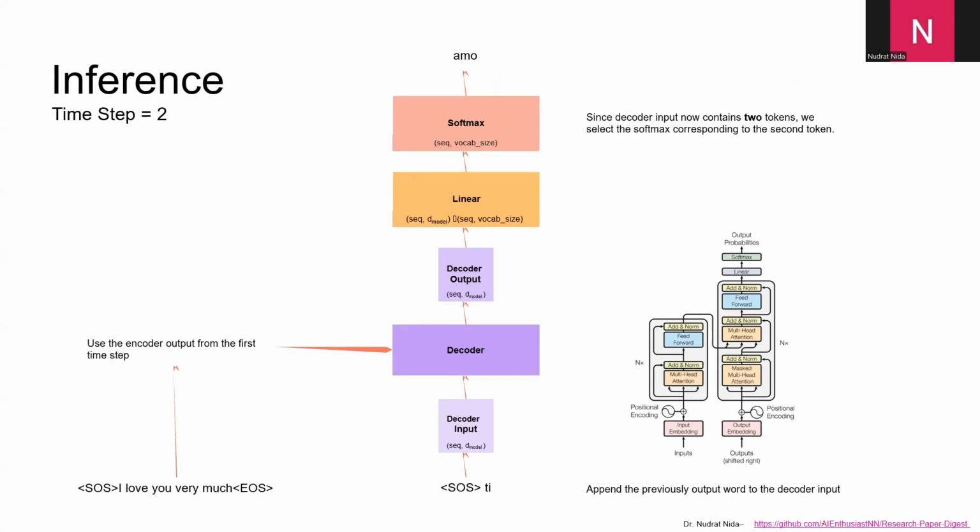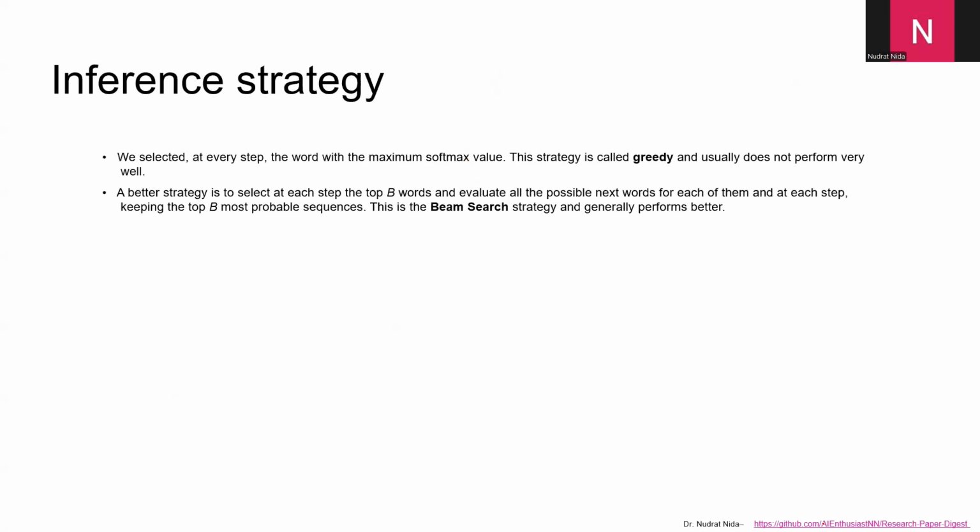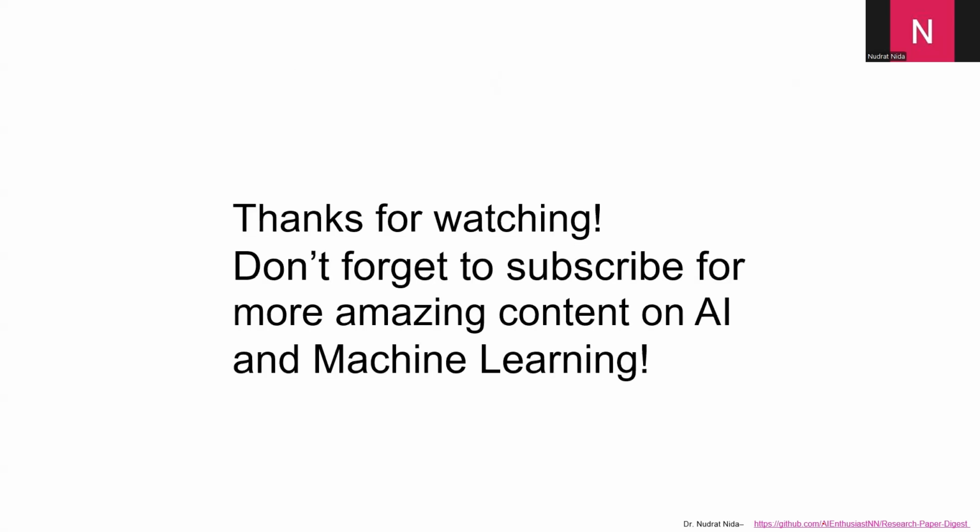So use the encoder output from the first timestep. So we select at every step the word with the maximum softmax value. This strategy is called greedy and usually does not perform very well. A better strategy at each step is to take the top B words and evaluate all possible next words for them at each step, keeping the B most probable sentences, and the beam search strategy is being used.